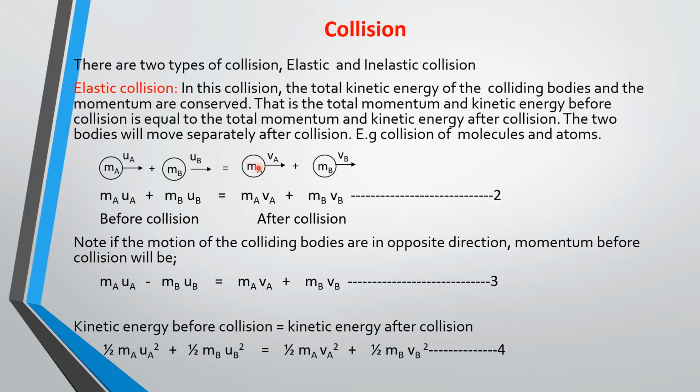Elastic collision. In this collision, the total kinetic energy and the momentum are conserved. That is, kinetic energy is not lost, and total momentum is not lost. The total kinetic energy of the colliding bodies and their momentum are conserved.